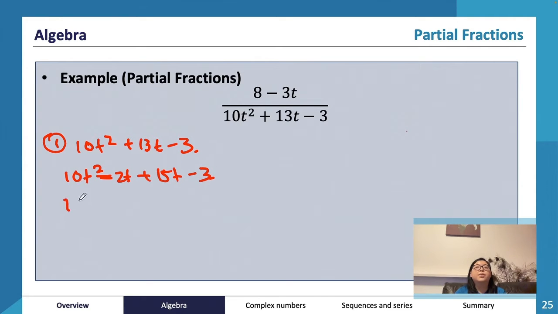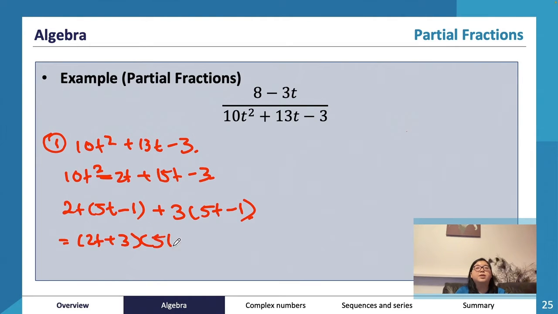If we break it up like that, we can take out 2t at the front of this one, which will leave us 5t minus 1, plus, if we remove 3 from there, that will also give us 5t minus 1. Then if we group the things together, that will give us 2t plus 3 and 5t minus 1.